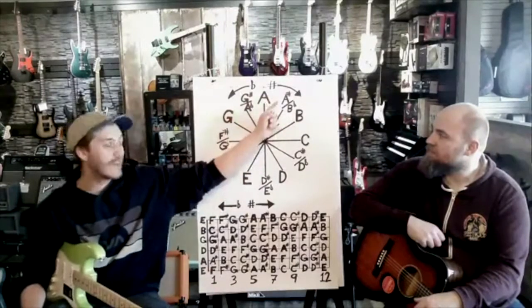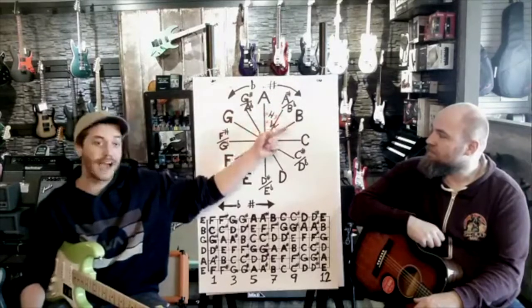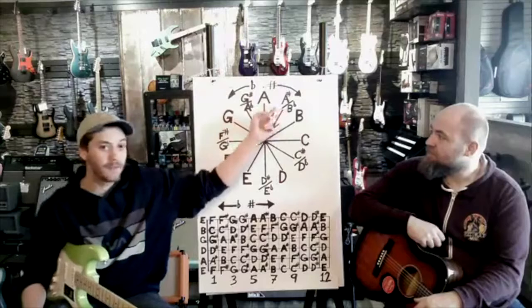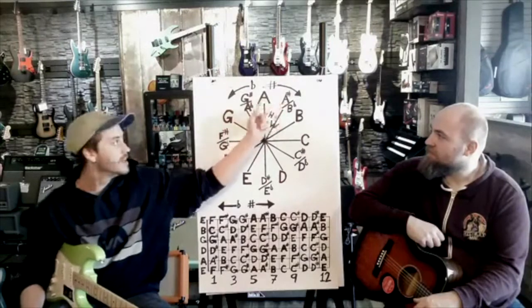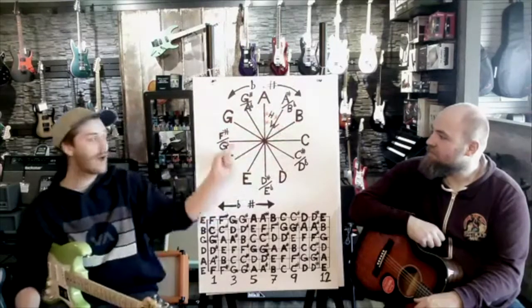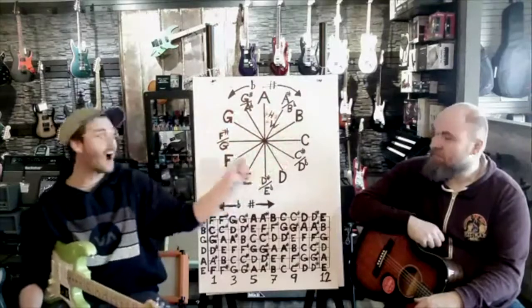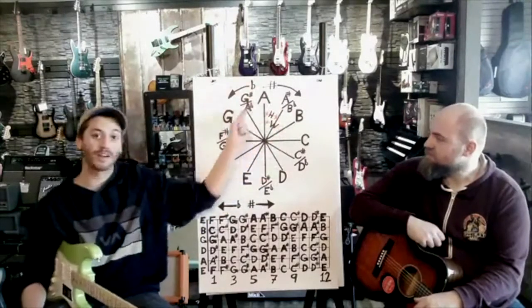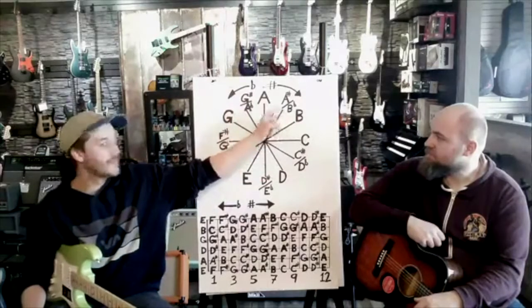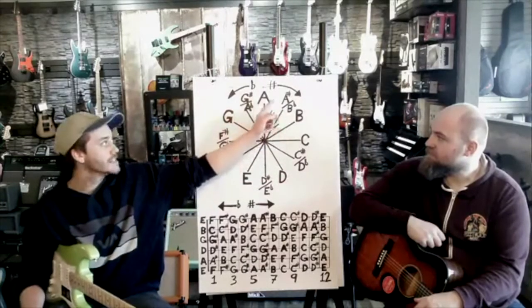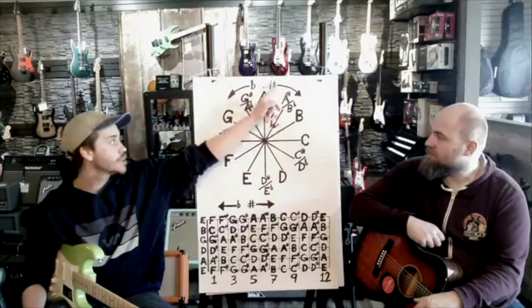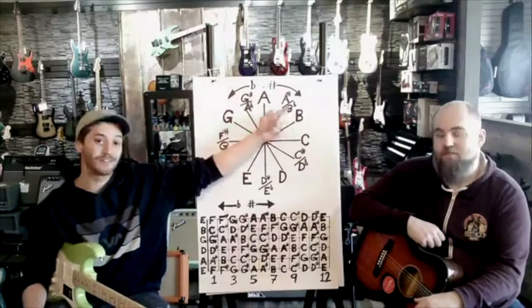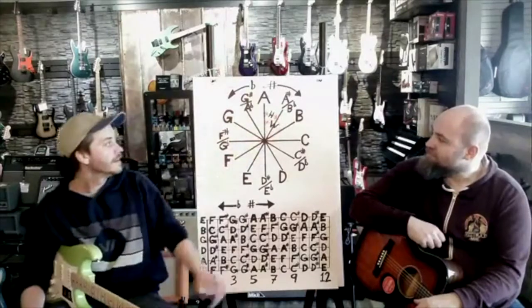So we call it A sharp or B flat. The reason we call it an A sharp is because this note in the middle here is higher than A. So if we're going this way around the circle, we're moving up, we're going higher, we're moving sharp. If we're going this way, we're going lower, we're going flat. So this note in the middle between A and B, it's higher than A, so it's A sharp, but it's also lower than B, so that makes it a B flat, okay?